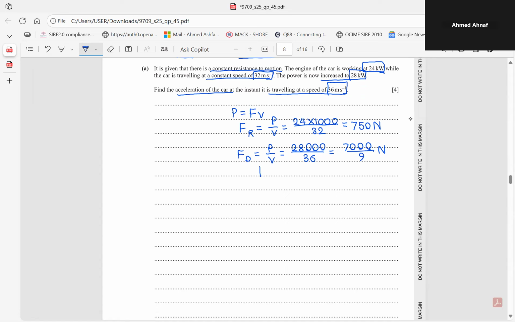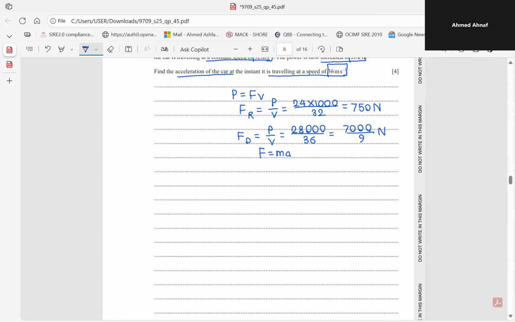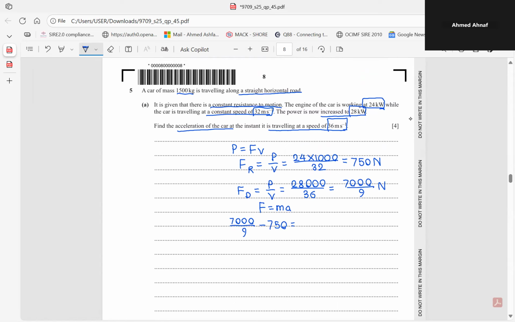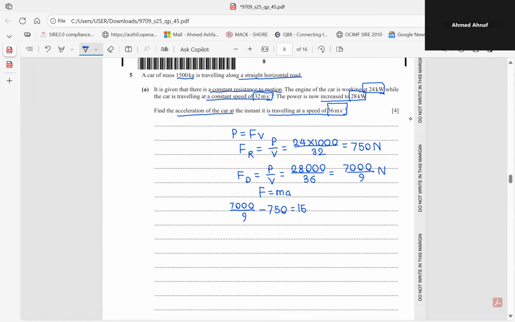So now we're going to use F equals MA, our second law, and we're going to subtract FR from FD. So 7,000 over 9 minus 750 is equal to m, which is 1500, times a.